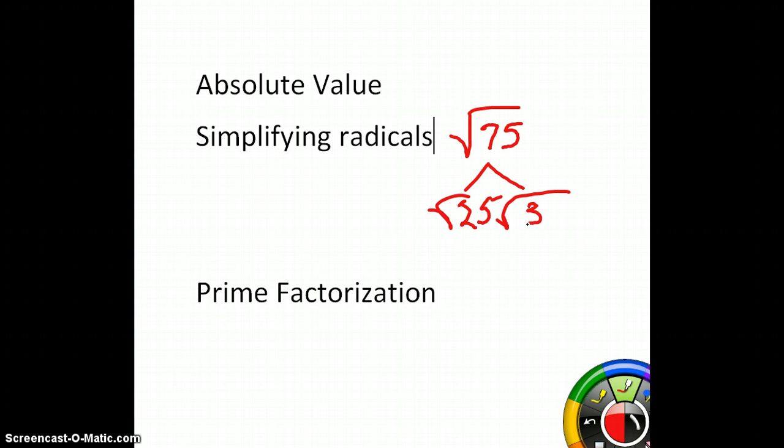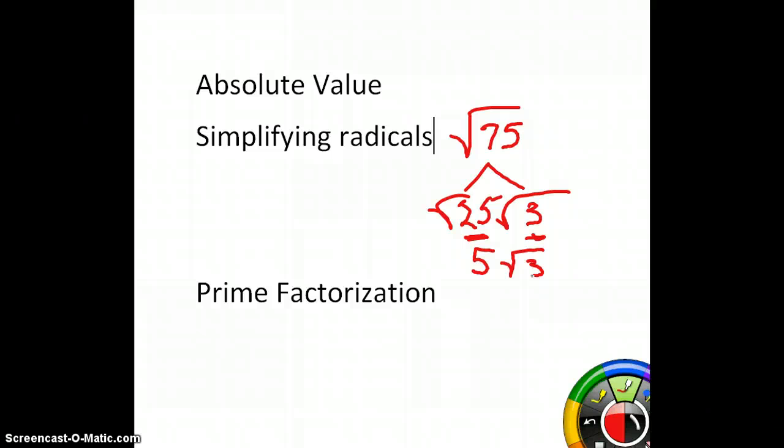The square root of 75, we break that into perfect squares. The square root of 25 and 3. Why did I pick 25? Because the square root of 25 is exactly 5. The square root of 3 is not perfect, so we would just simplify that to 5 square roots of 3. So that's the third thing that we need, and that'll probably be the hardest.